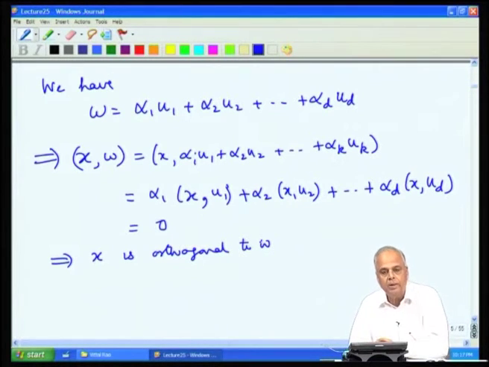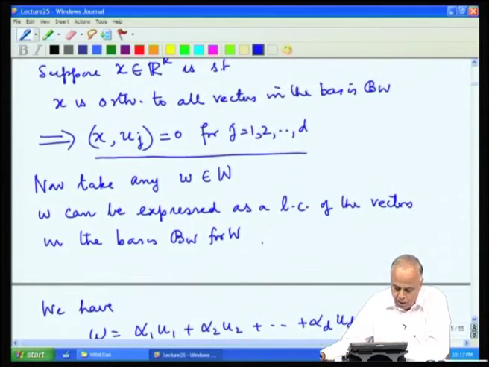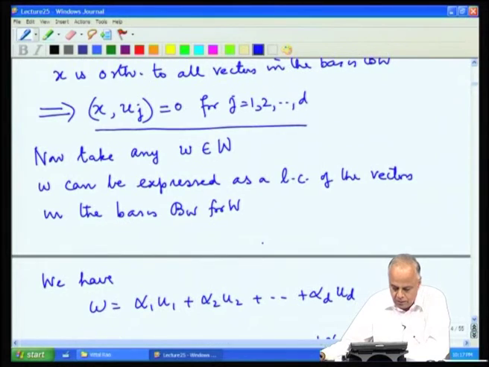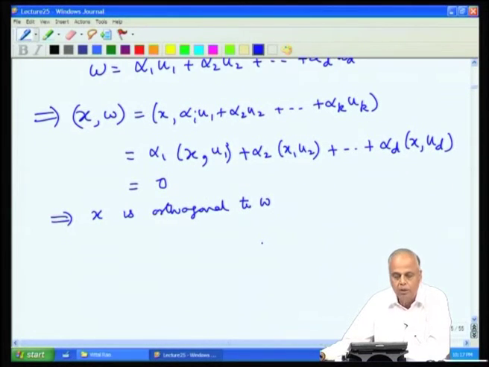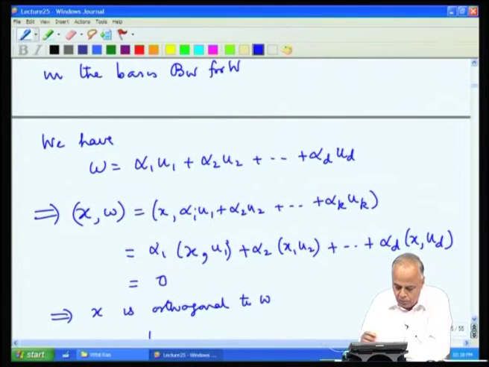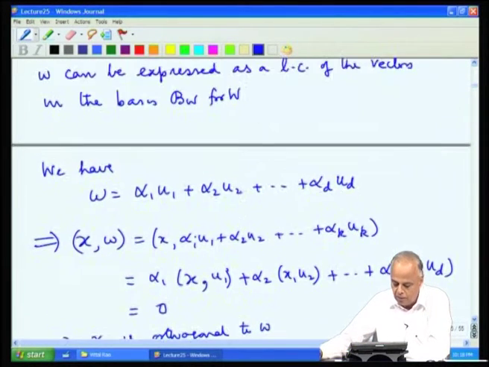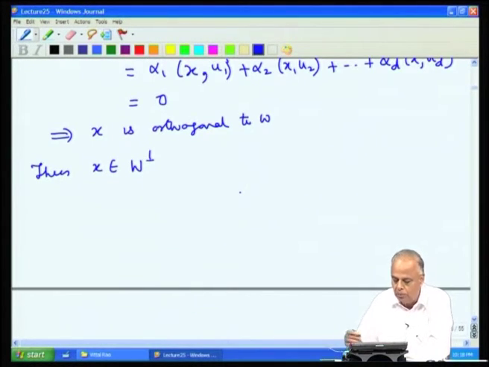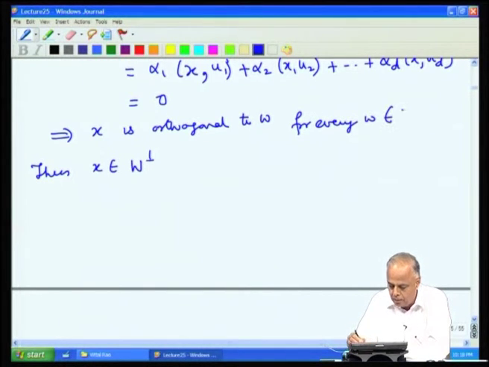What it says is that if something is orthogonal to all the basis vectors, then it is automatically orthogonal to all the vectors. Thus, x belongs to W perp. This is true for any w, and therefore, x is orthogonal to w for every w in W.